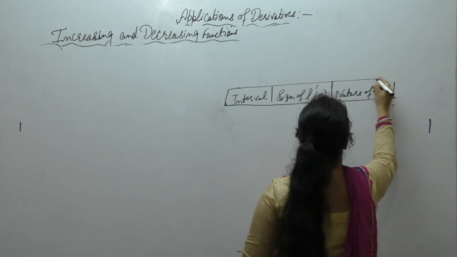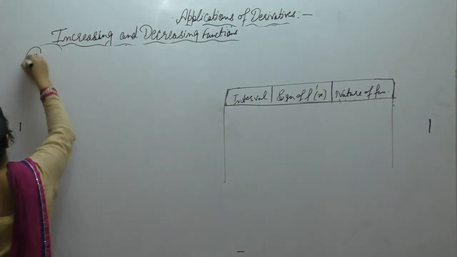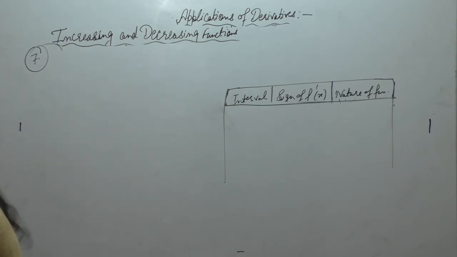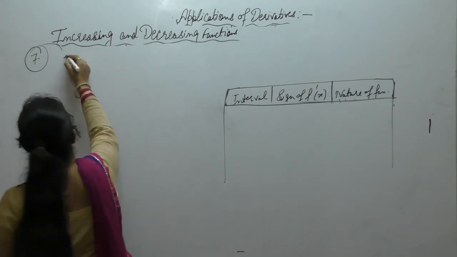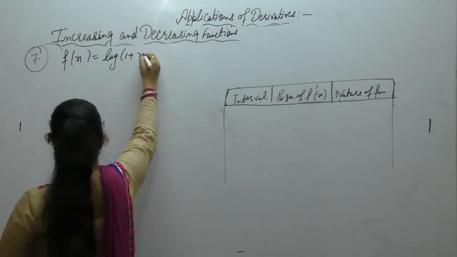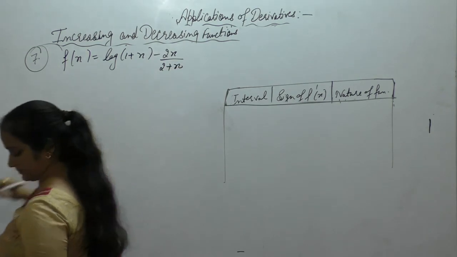Now the next question. Find the intervals in which the function is increasing or decreasing. Function given is log of 1 plus x minus 2x upon 2 plus x.